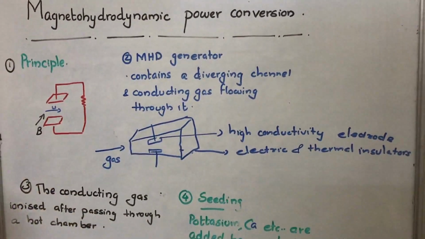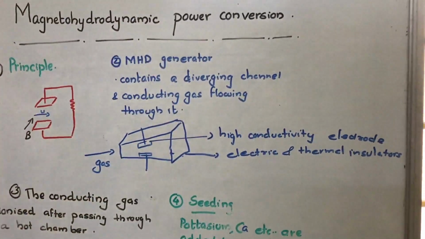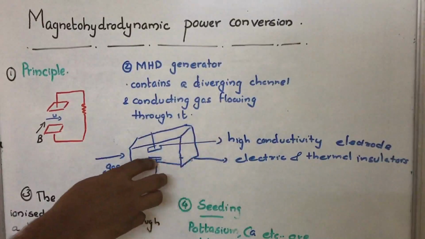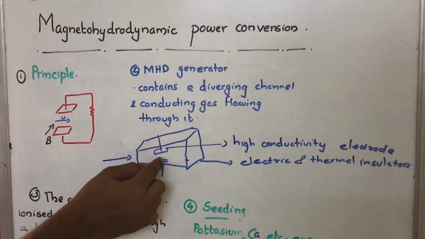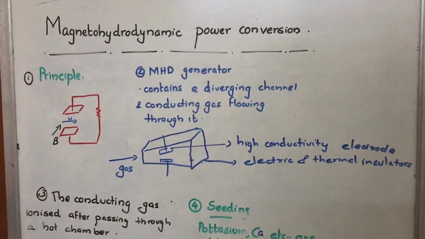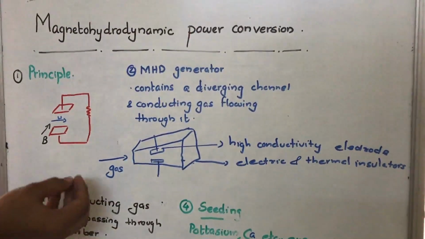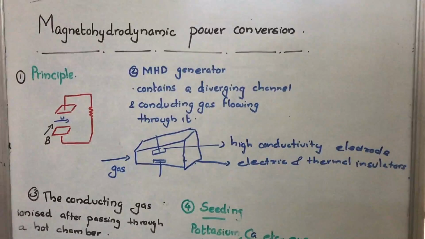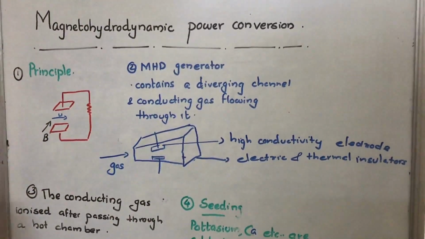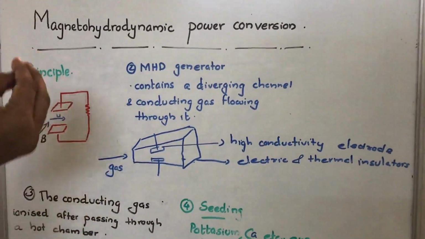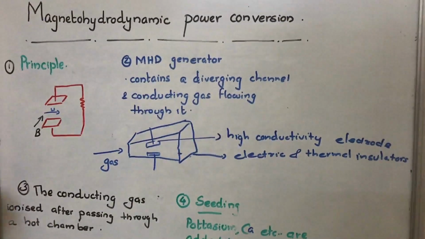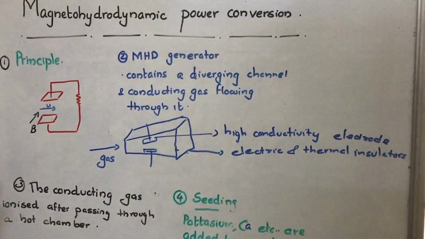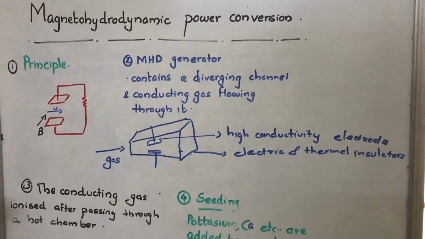If you consider this MHD generator, it mainly contains a divergent channel, something like this, inside which we can see two electrodes. And then we pass a conducting gas, which means ionized gas. For gas to be ionized, it has to be heated, so the temperature will be very high.